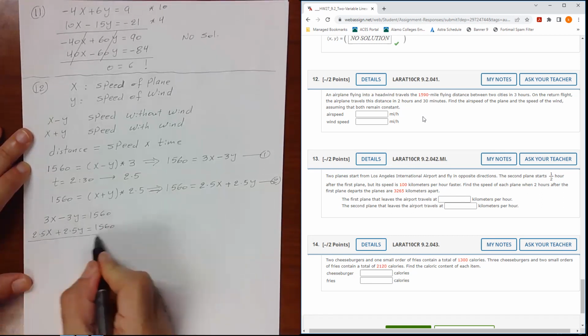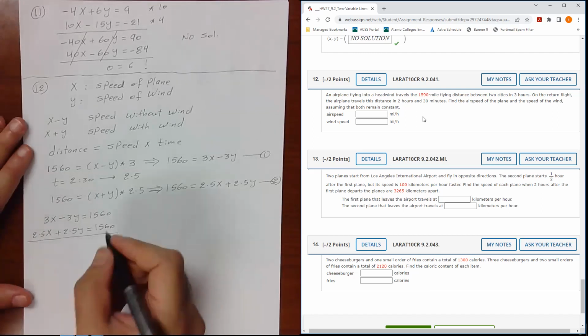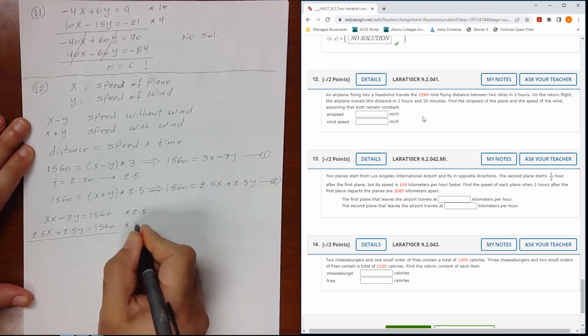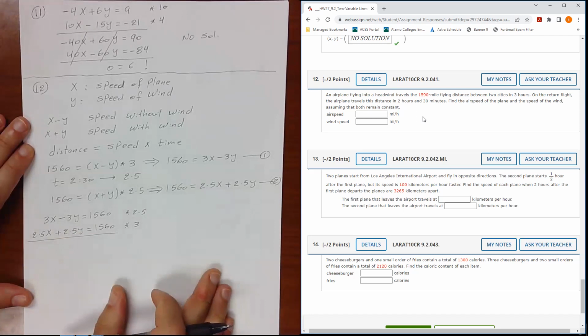So now here is the system. We're going to multiply the first one by 2.5 and the second one by 3. So we're going to get the same y's, and we're going to cancel the y.